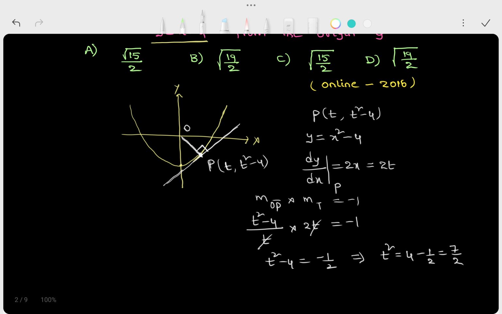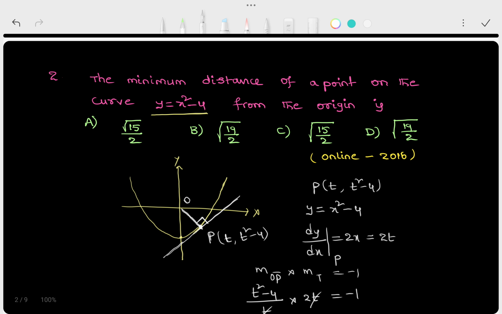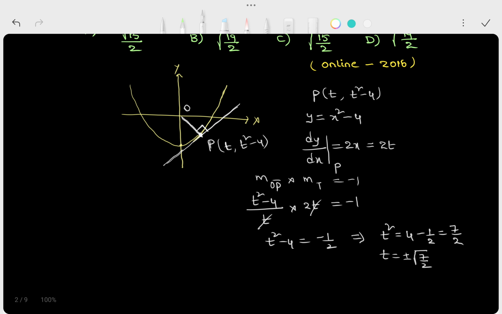Then t equals plus or minus root of 7 by 2. So my question is, what is the minimum distance of a point on the curve from the origin? We have to find the OP distance.